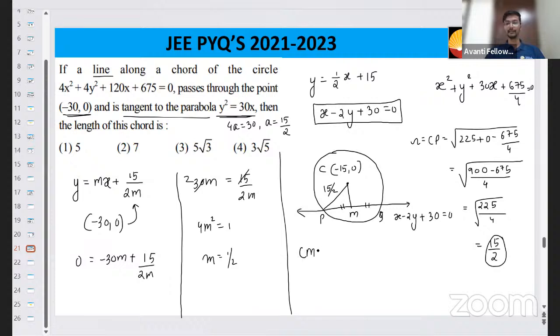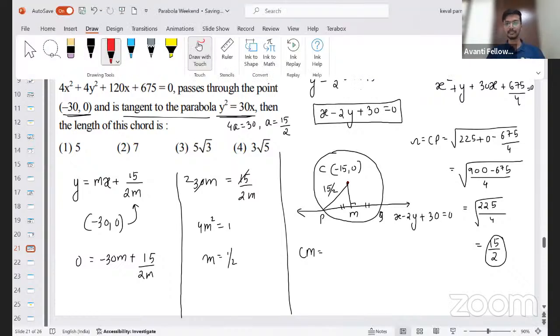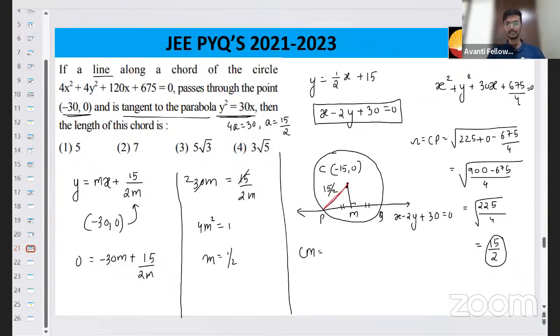Now we can get CM. How? I will use Pythagoras. I'll get the distance CP, let me mark it here. I'll get the distance CM. Then I'll use Pythagoras to get PM and then PQ. Why PQ? PQ will be 2 times PM, because of the theorem: the perpendicular drop from the center to the chord bisects the chord.